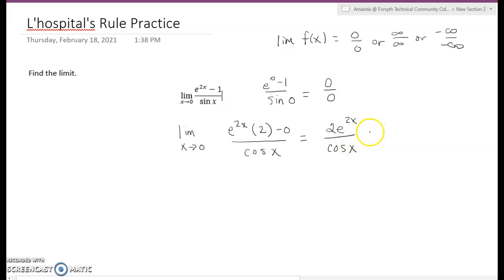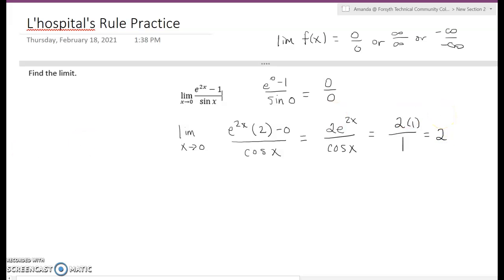And cosine of 0 is 1, so we no longer have the 0 in the denominator. And then e to the 0 again times 2 gives me 2 times 1, which is just 2. So that one's pretty straightforward.